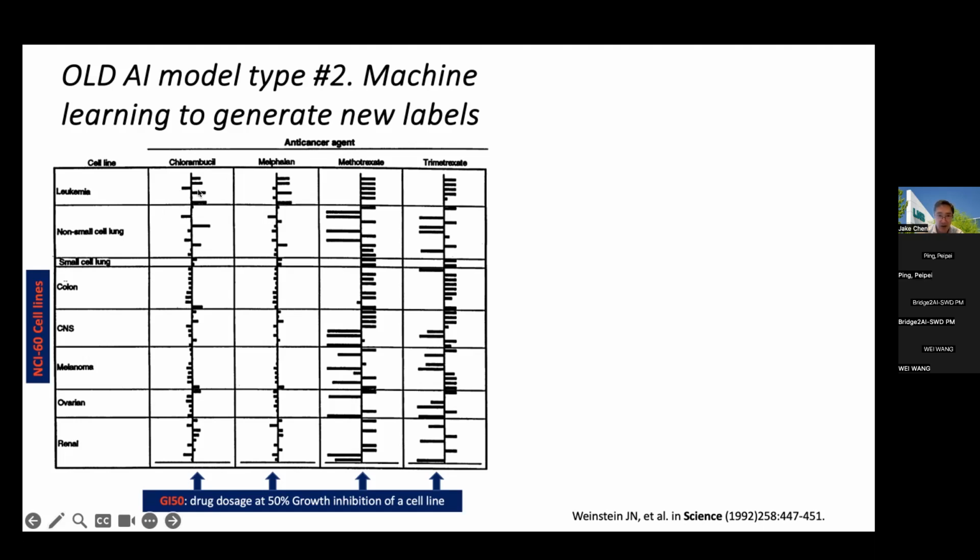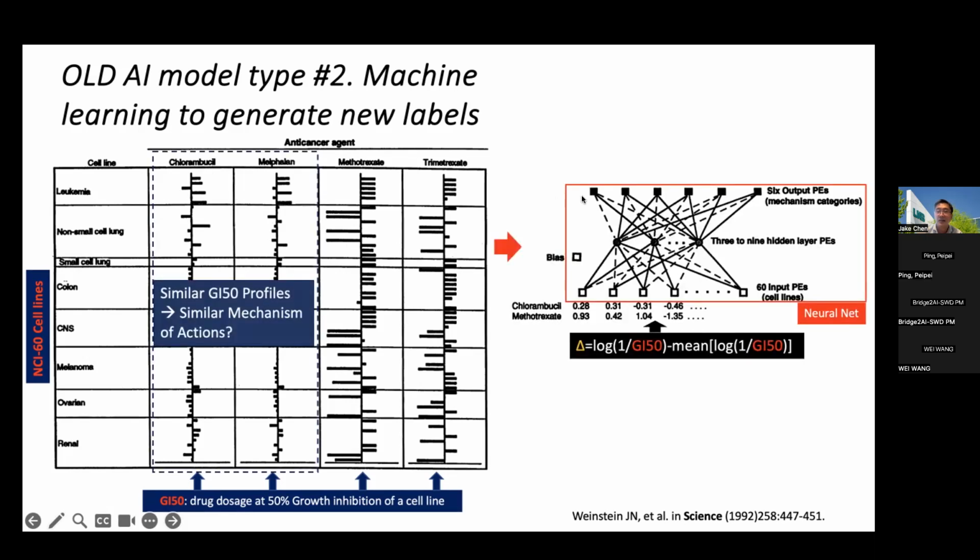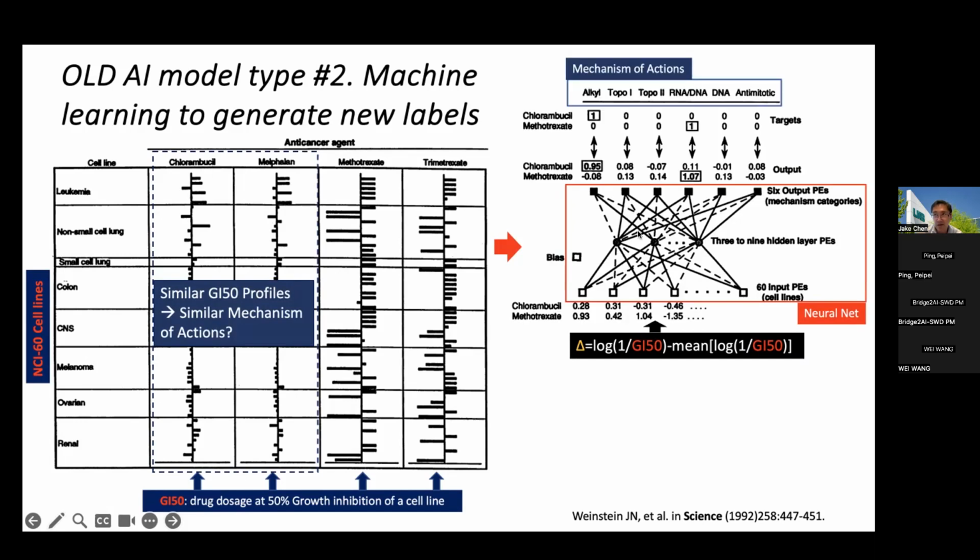The bars going left or right are essentially compared to the mean. Is it actually promoting growth or inhibiting growth of these cell lines? So for each drug, you can obtain a profile. The researchers used an artificial neural network, not a deep learning network, but a very shallow neural network.